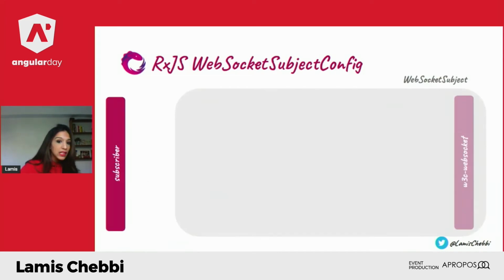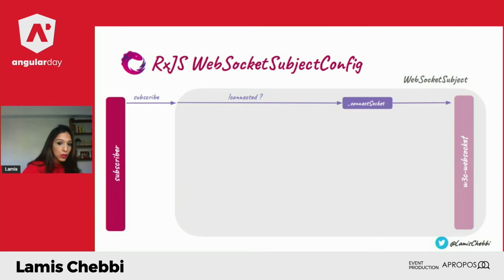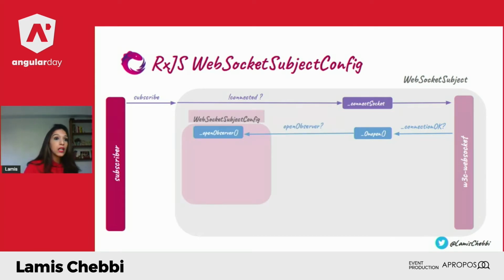Here is what happens behind the scenes: you have the subscriber and you have the WebSocket subject. When you subscribe, if you're not connected, then the connect socket will be triggered and it will open a connection. If the connection is okay, the onOpen method is triggered, and this method will check: did you provide a custom behavior in the open observer function?